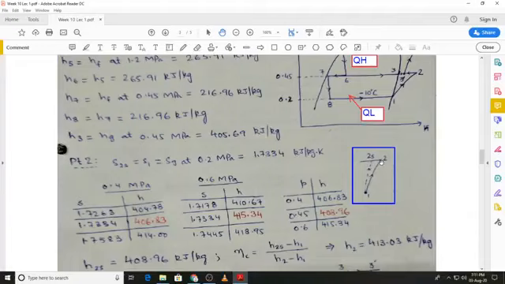So 1 to 2 is the actual process line and 1 to 2s is the process line if the process was isentropic. So what we can do, we can first work out the enthalpy assuming an isentropic compression from 1 to 2s, and during that process, because that process is isentropic, S2s will be the same as S1, which we can obtain from the table as the saturated vapor entropy at 0.2 megapascals.